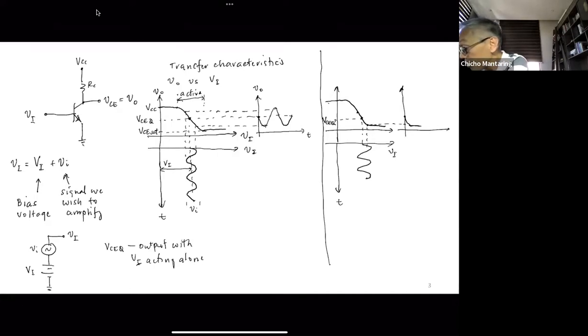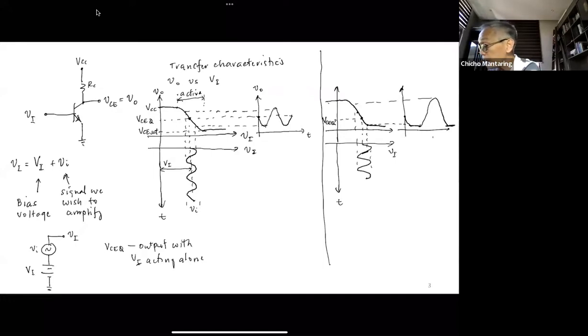Now, pagdating dito sa point na to, my input will start going down, so this will now start going up. And then here it will again saturate. Sorry, it's not to scale. Something like that.